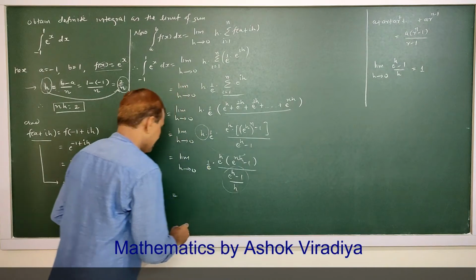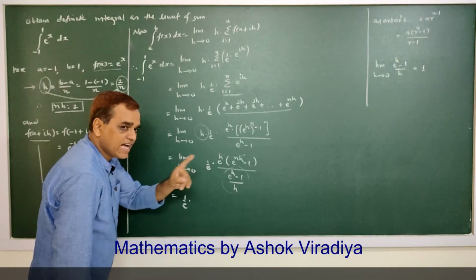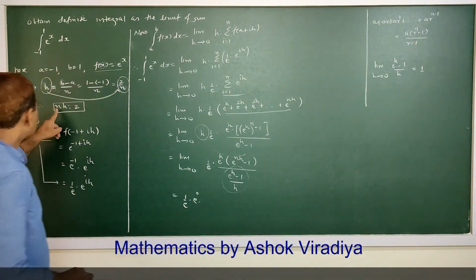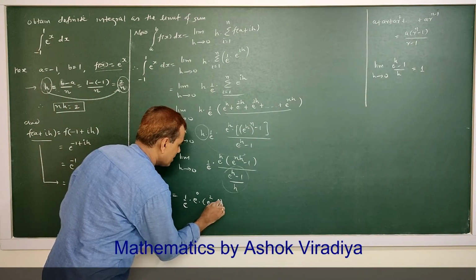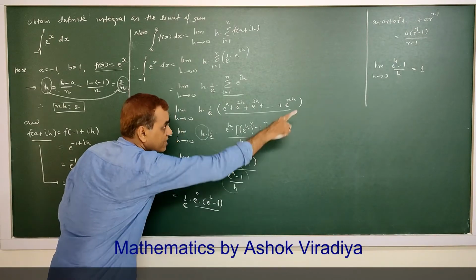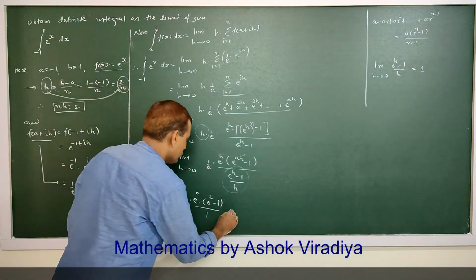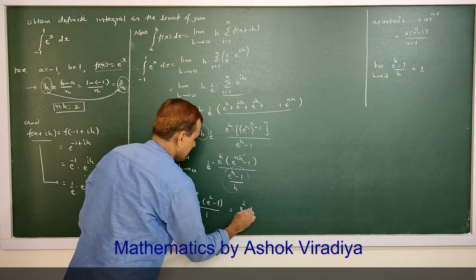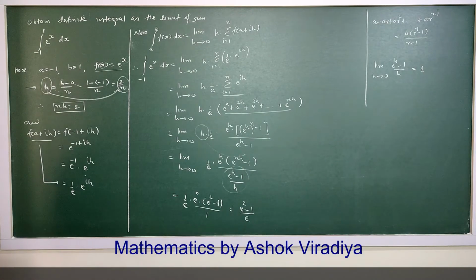So applying the limit, 1 by e into, wherever you find h alone, keep 0. Wherever you find nh, keep 2. So (e square minus 1) upon, and this is 1 by this result. So it is equal to (e square minus 1) upon e. So this is the required integral: e minus 1 upon e.